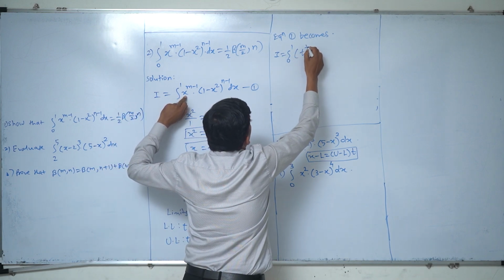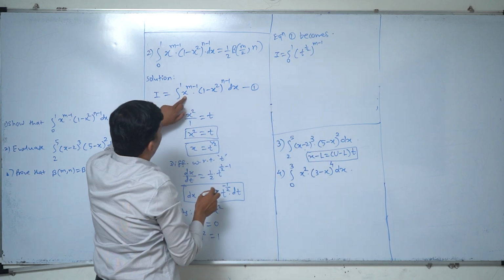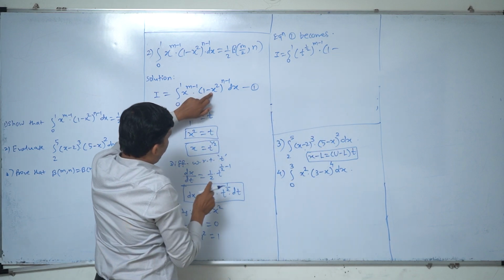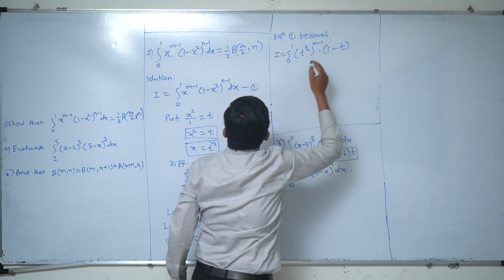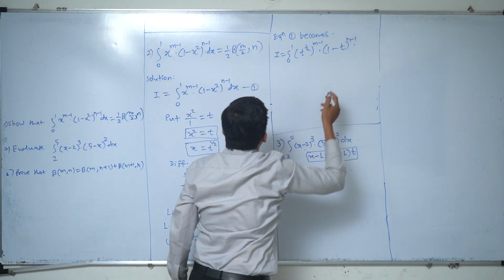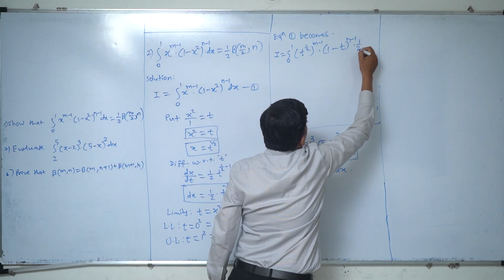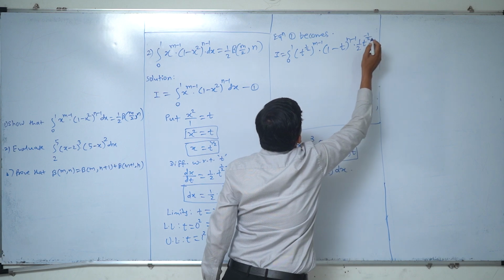So (t raised to 1 by 2) raised to m minus 1 into (1 minus x square is t) raised to n minus 1 into dx is 1 by 2 t raised to minus 1 by 2 dt.